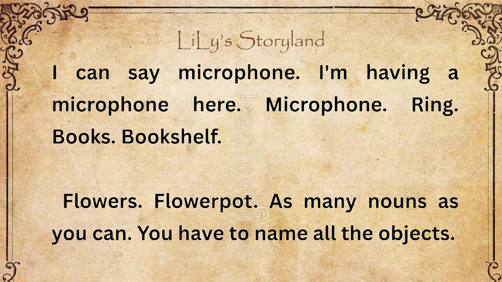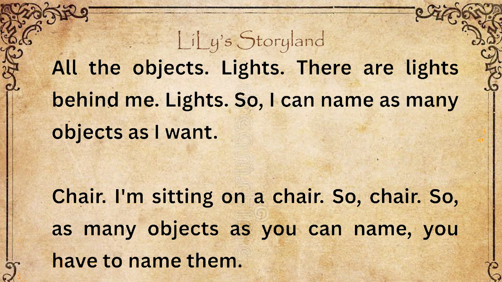As many nouns as you can. You have to name all the objects. Lights. There are lights behind me. So I can name as many objects as I want. Chair. I'm sitting on a chair. So as many objects as you can name, you have to name them.